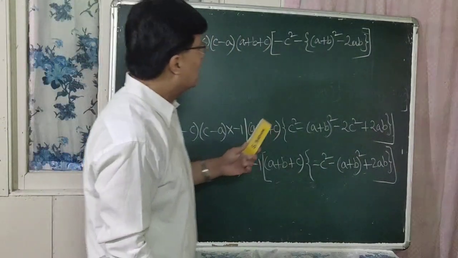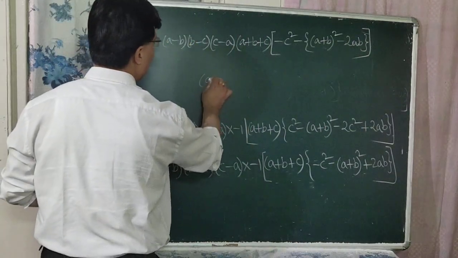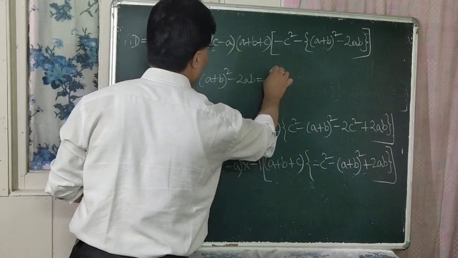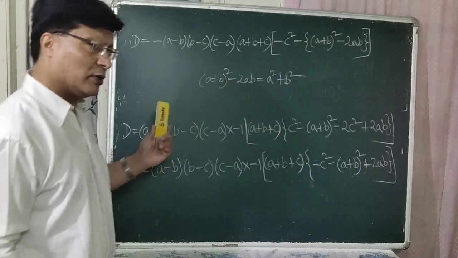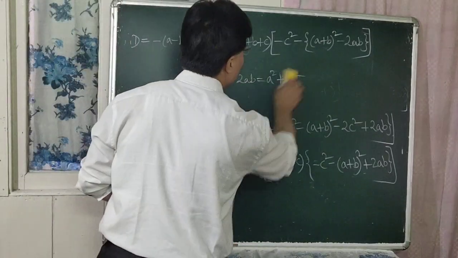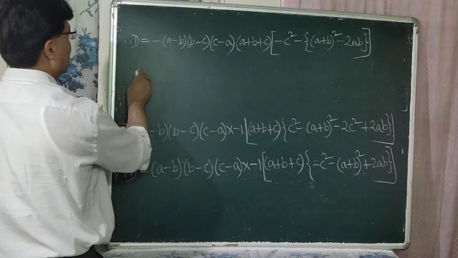Okay, so do you know this formula? (a plus b) whole square minus 2ab is equal to your formula a square plus b square. Now you should know this formula. You have to know. So let us use this formula here. (a plus b) whole square minus 2ab is equal to a square plus b square.